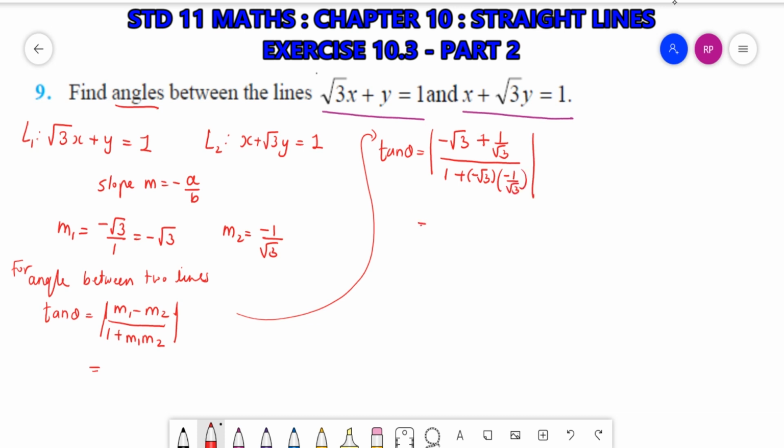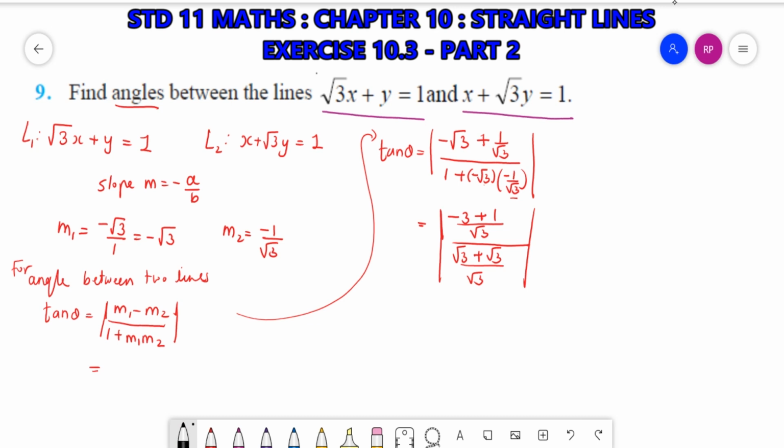Here, let's take LCM. Root 3 into root 3, that is minus 3, because it's minus root 3 root 3, plus 1 upon root 3. Okay, so this again LCM, that will be root 3 into 1, that is root 3, minus minus plus root 3 into 1, that is root 3.